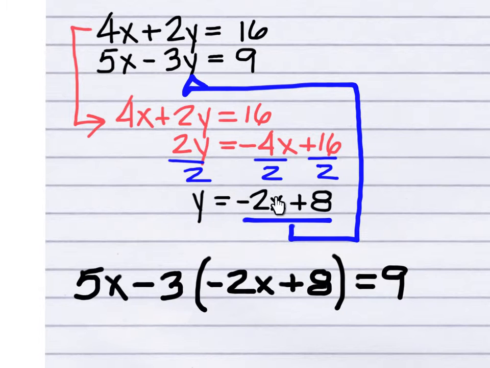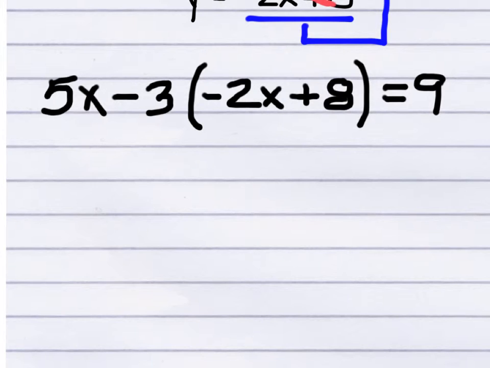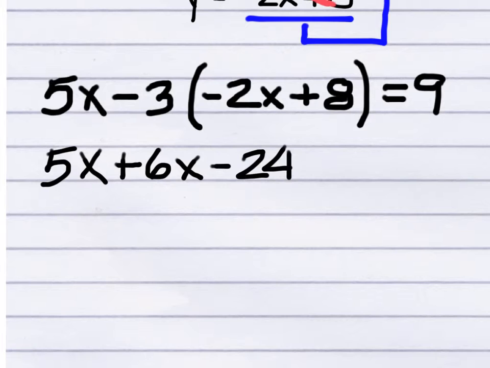We solved for y and came up with this, and we're plugging negative 2x plus 8 into y in the other equation. Here's where y should have been, and here's where we dump this into there. Once we do that, we have just one variable to solve for now. So simplify where you can. 5x minus 3 times this quantity is really 5x plus 6x minus 24 when you distribute the negative 3.